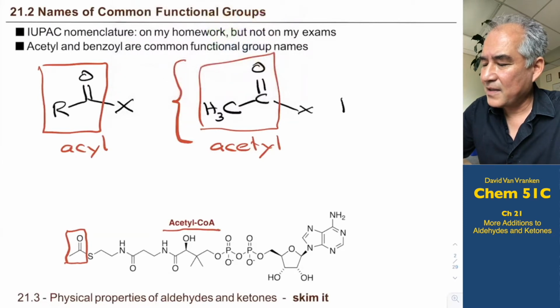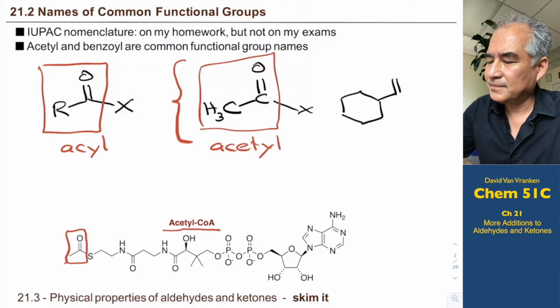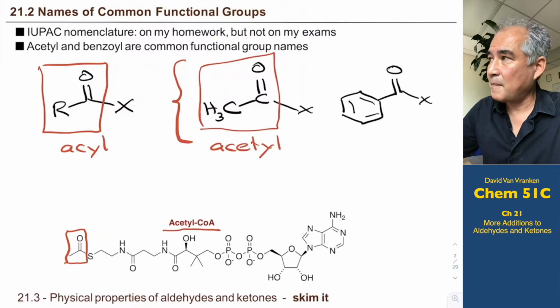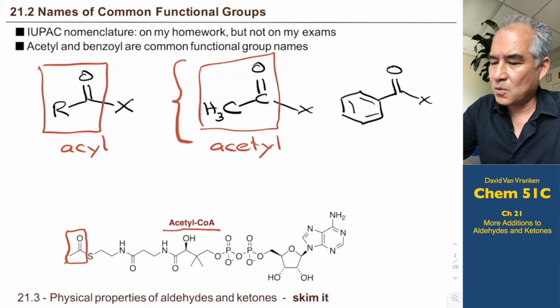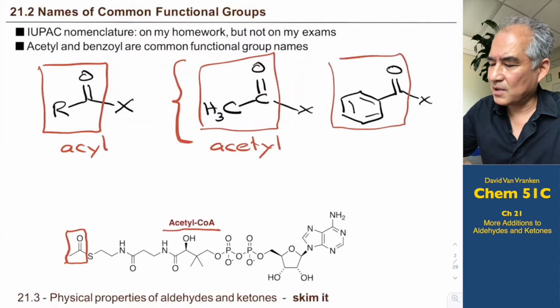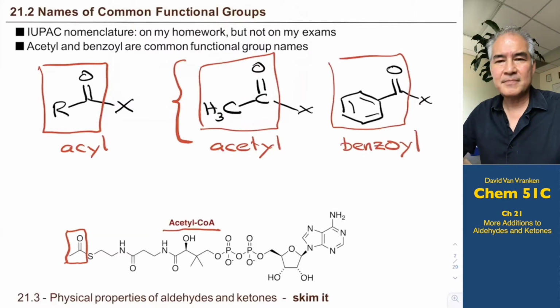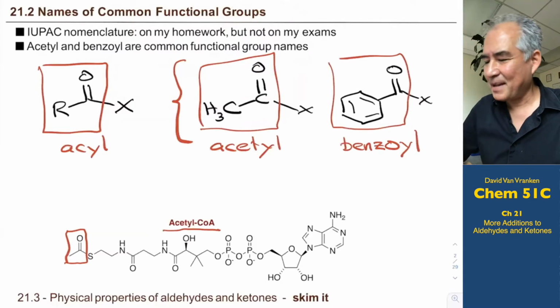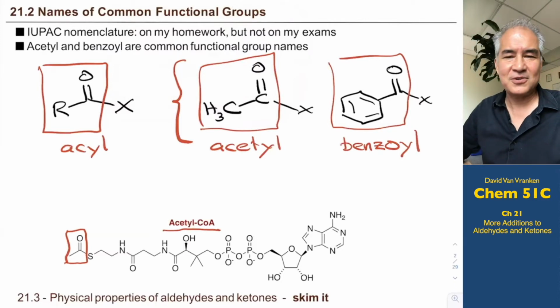There's another common acyl group that I expect you to know, and that's when there's a benzene ring attached to the carbonyl group. And I expect you all to know the name of this. This is called a benzoyl group. So we would refer to that as benzoyl, whether X is oxygen or nitrogen. Now be careful, it's benzoyl, not benzyl. Benzyl is something completely different. Benzyl is just phenyl with a CH2 attached to it.